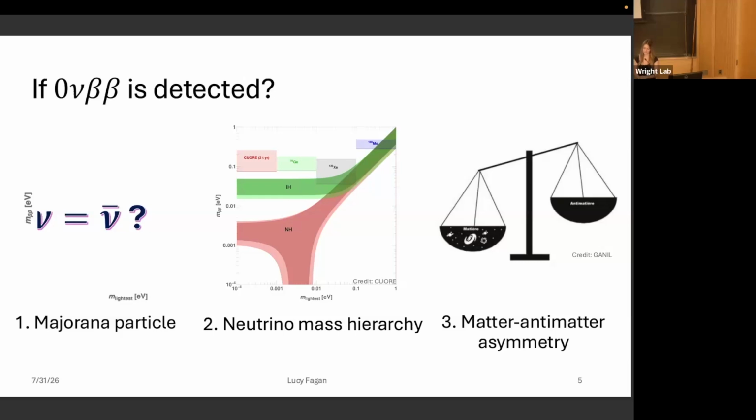It would give us better insight into the inverted and normal hierarchy. Ben explained this a little bit earlier, but we'd be able to either confirm or eliminate, hopefully, the different orderings. And lastly, the lepton number violation would give us better insight into the matter-antimatter asymmetry that we see in the universe.